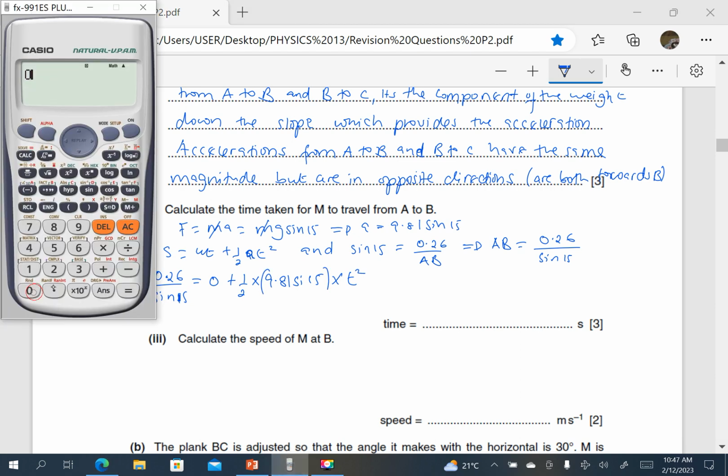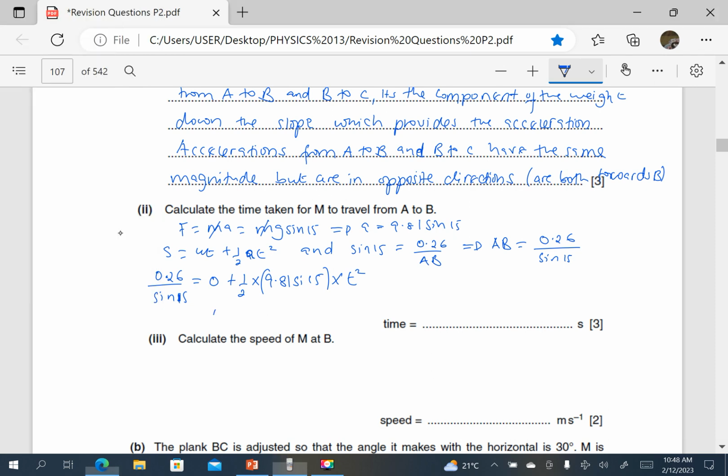So we have 0.26 divided by sine of 15, then times 2 divided by open brackets 9.81 sine of 15. Then we find the square root. We are getting 0.88955, so that is 0.89. So the time is 0.89.